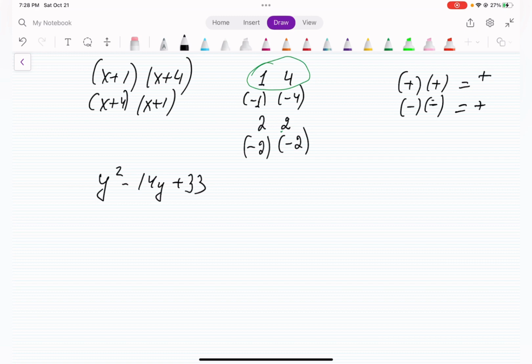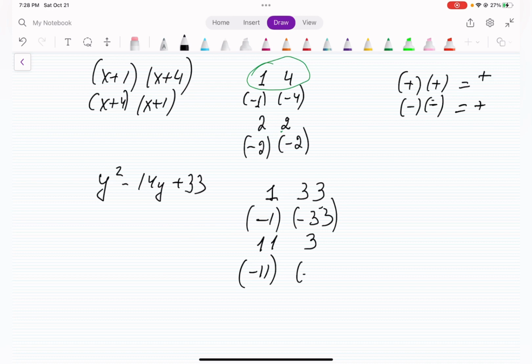Well, those are easy numbers. Positive 1, positive 33, right? Or -1, -33. What else is going to give us 33? +11, +3, right? Or -11 and -3.